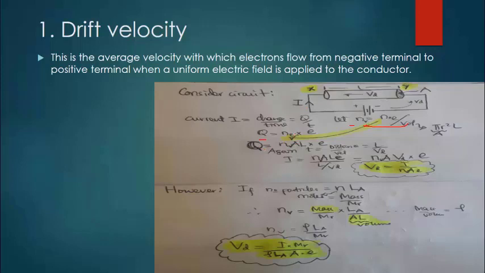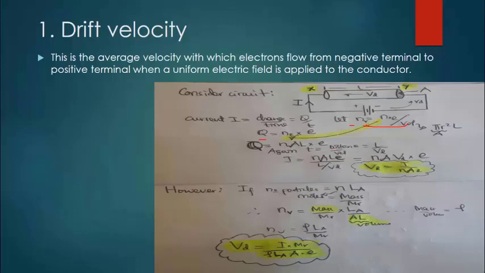From here we know that Ne is equal to Nv times the volume, which is AL. Remember, A is the cross-sectional area here. So we have Nv times AL, and the total charge is this number of electrons times the charge e.